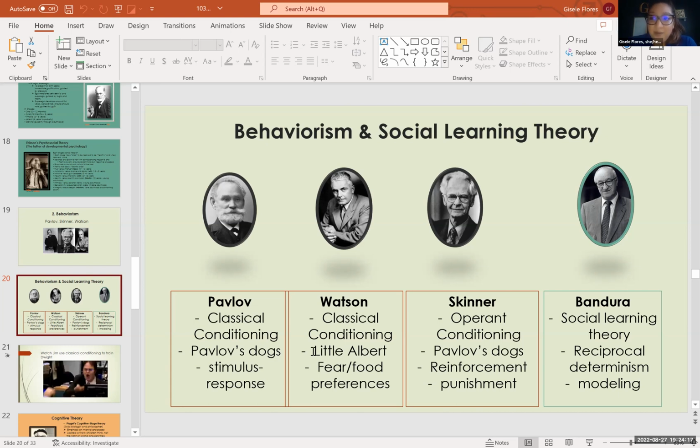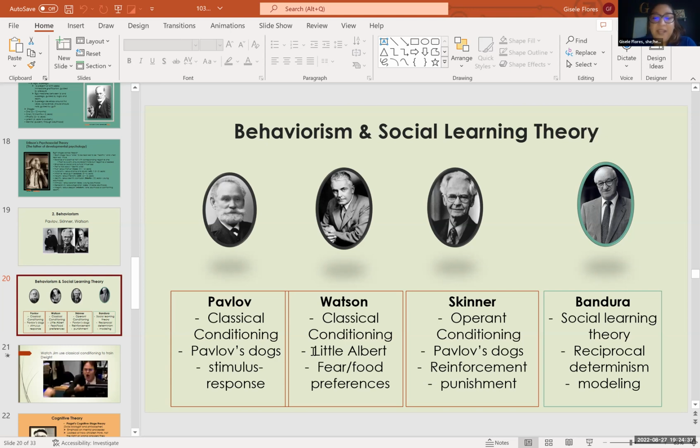But what he did know is that auditorily children would startle. They have a startle reflex. So he started associating a loud noise anytime he would present a visual stimulus. So he would bring out a white rabbit and then make a really loud, scary sound. And of course, Little Albert would cry.